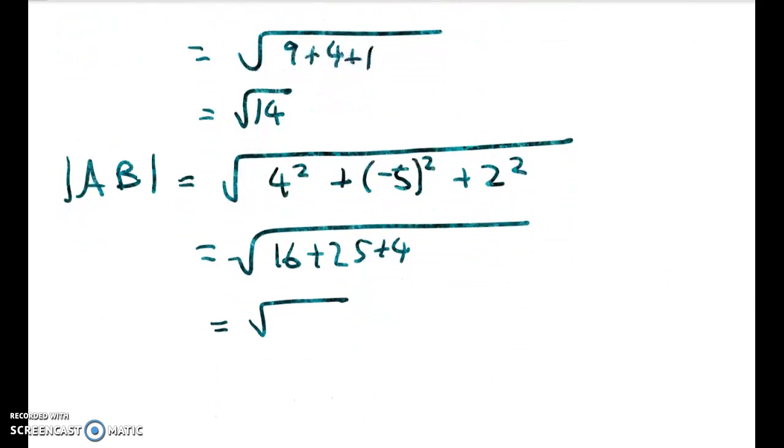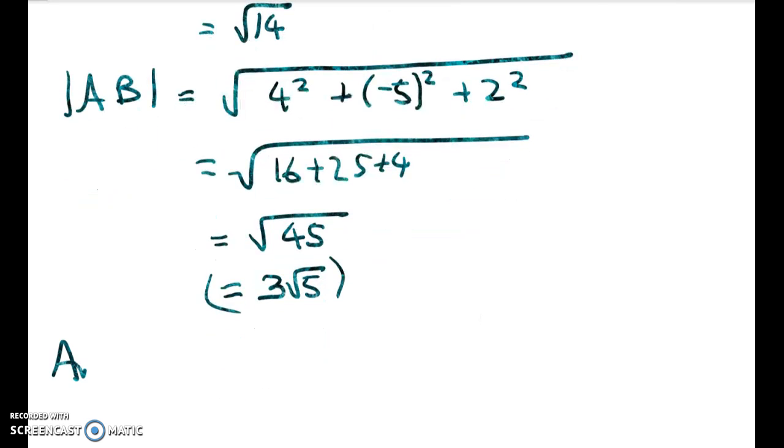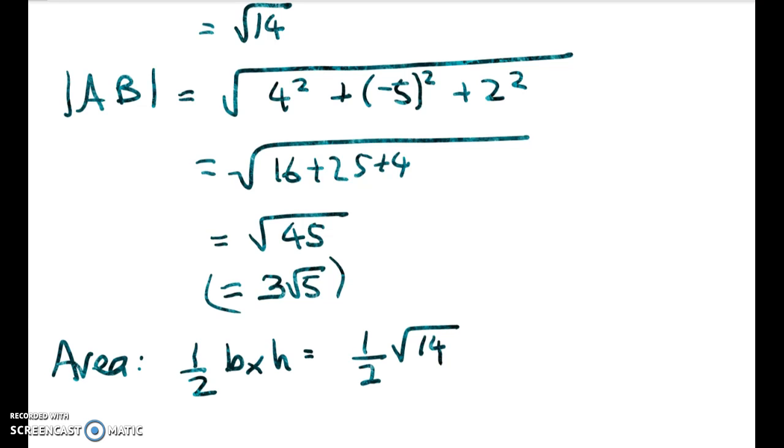So that's the square root of 45. We could simplify that into 3 root 5. We don't have to. Okay, so the area is half base times height. So that's half root 14 times root 45.